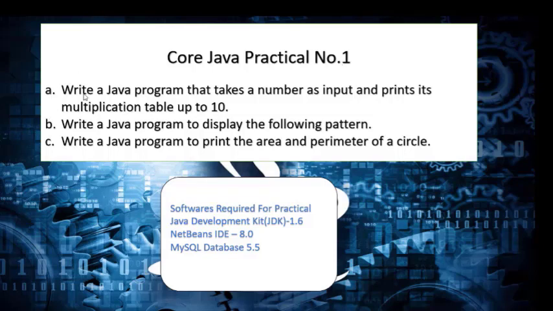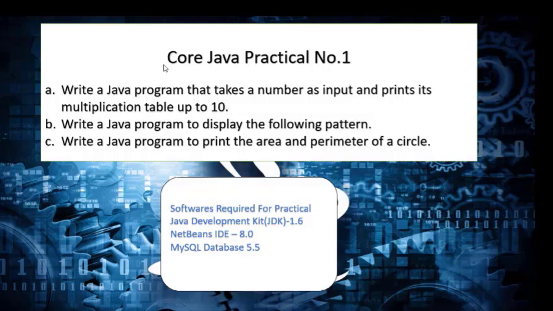First, a Java program that takes a number as input and prints its multiplication table up to 10. Second, write a Java program to display the pattern. Third, write a Java program to print the area and perimeter of the circle. These are the 3 programs under practical number 1.